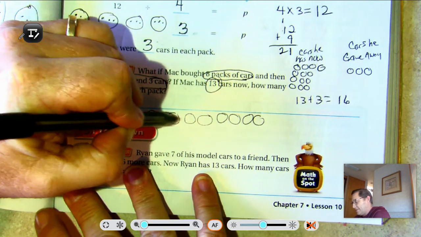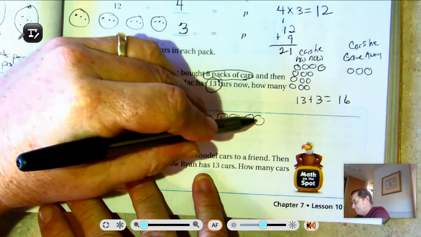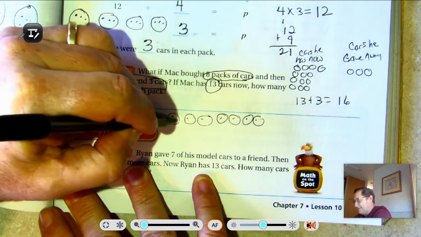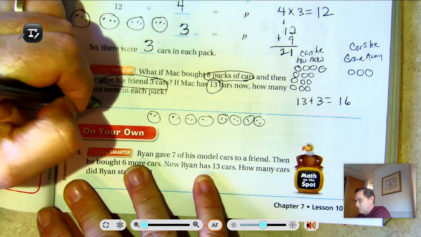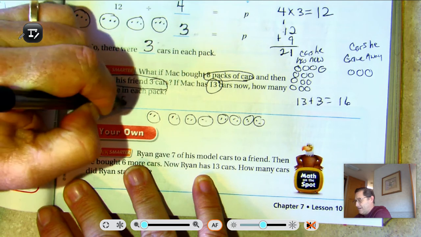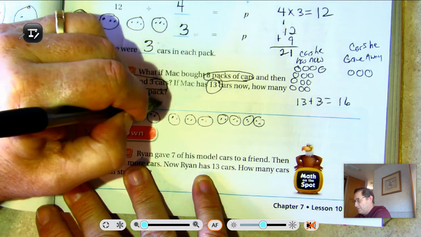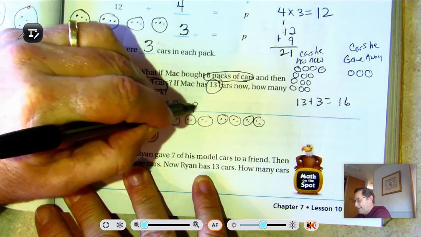So put 1 in each group. That's 8, 9, 10, 11, 12, 13, 14, 15, 16. So 16 divided by 8 equals 2 cars per pack.